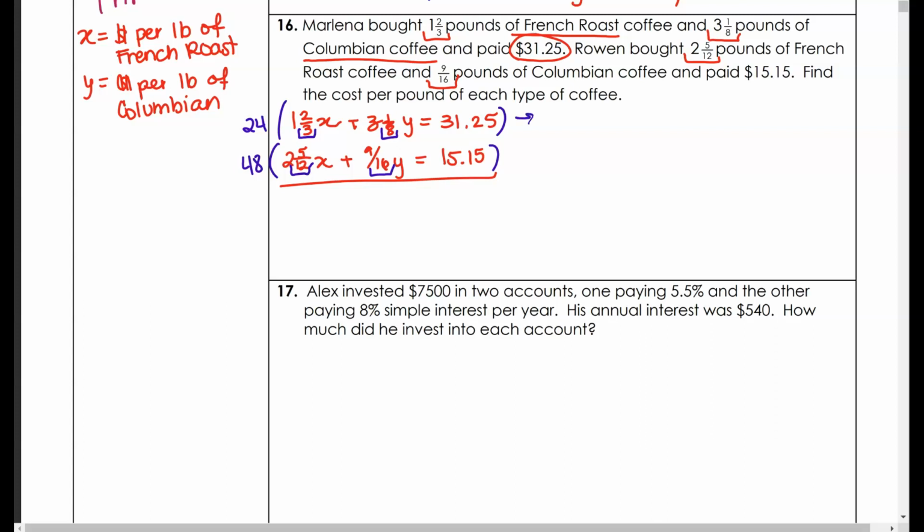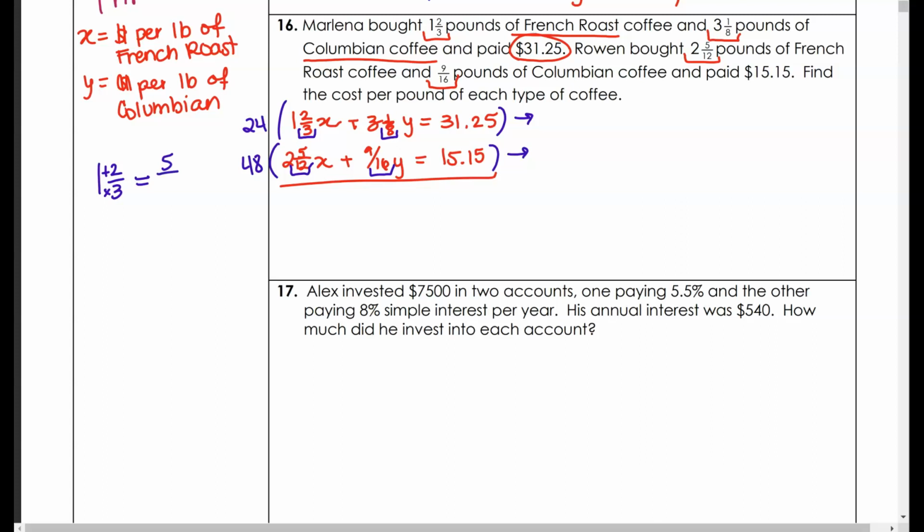When we do that, in case you don't remember how to multiply fractions, the best way to think about this is, instead of dealing with mixed numbers, deal with improper fractions. So I'm going to change 1 2/3 into an improper fraction. It's 1 times 3 plus 2, which is 5.